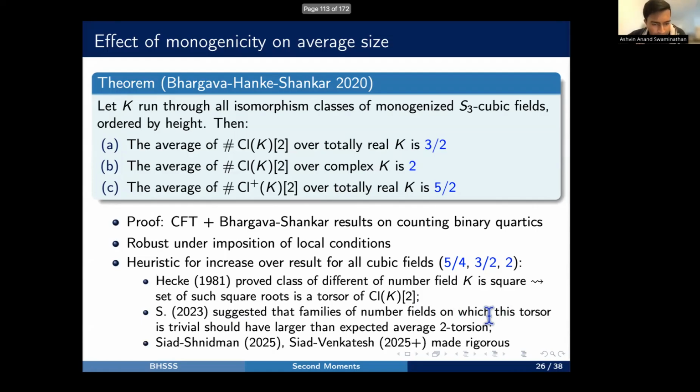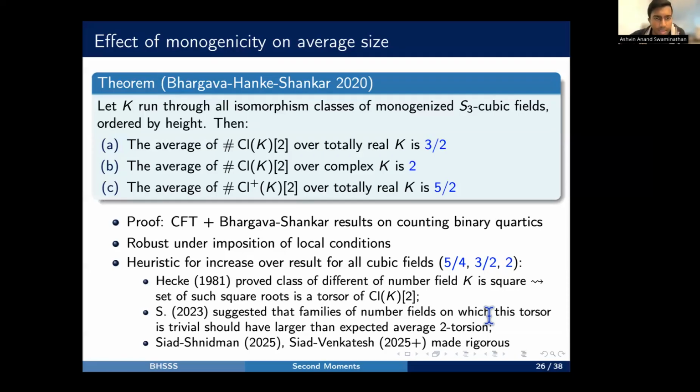More recently, in some beautiful works of Siad and Shnidman and Siad and Venkatesh, they made this heuristic rigorous. They exhibited precise mechanisms that explain why having a trivial square root of the class of the different torsor implies that the average size of the two-torsion increases.